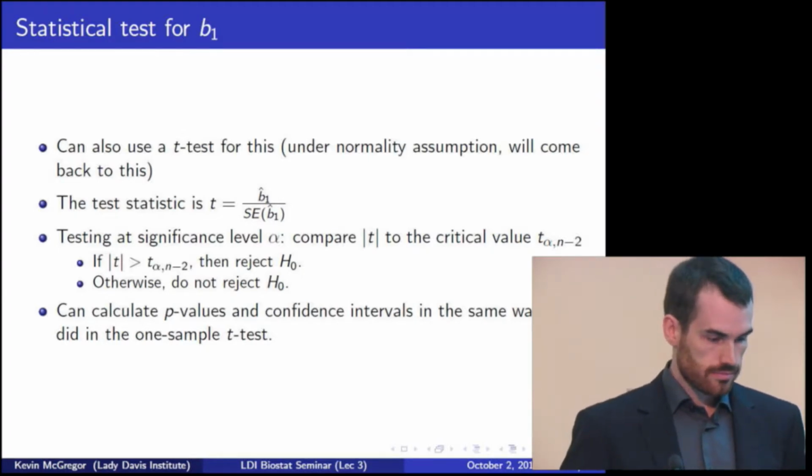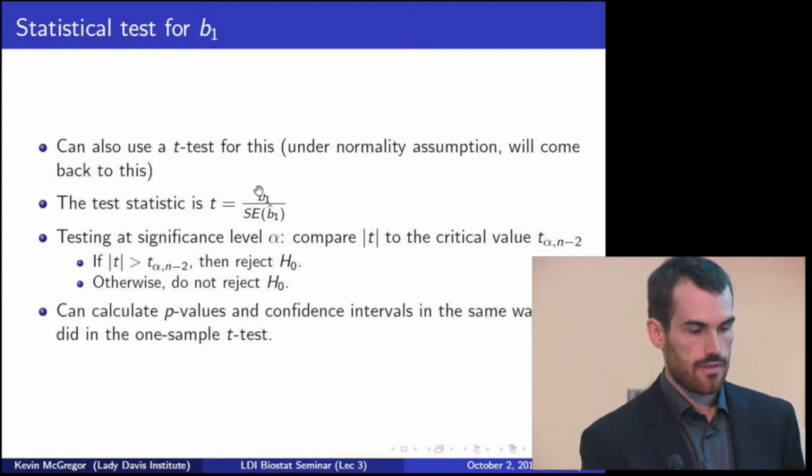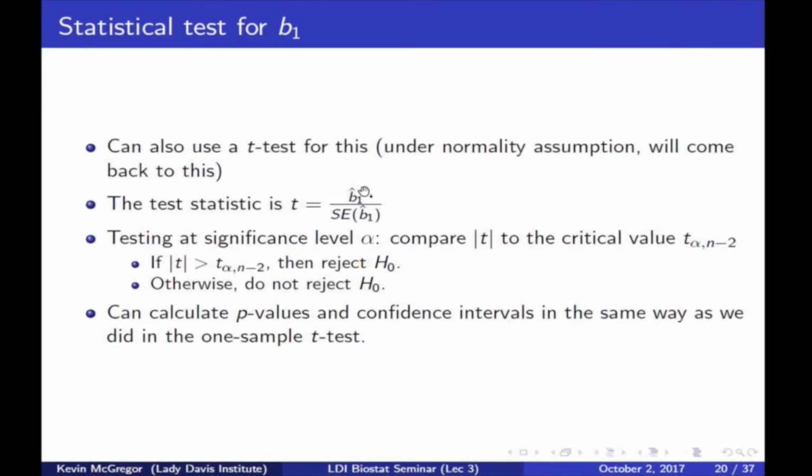So when we get our estimated value B1 hat, and the standard error of B1 hat, we can construct the t-test statistic in exactly the same way as we did last week. We just take our estimated value on the numerator, and we take the standard error of the estimated value on the denominator.